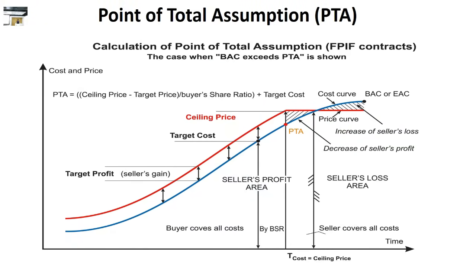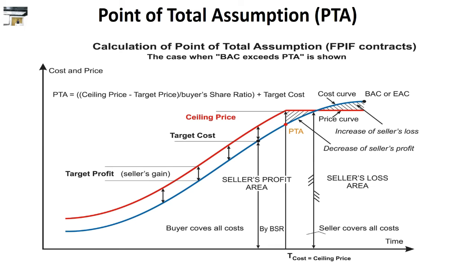PTA can be used to forecast cost-related risk as well. If estimate at completion, EAC, is less than point of total assumption, this means that the risk of overruns is shared. However, if estimate at completion is greater than point of total assumption, all the overruns moving forward are owned by the seller.